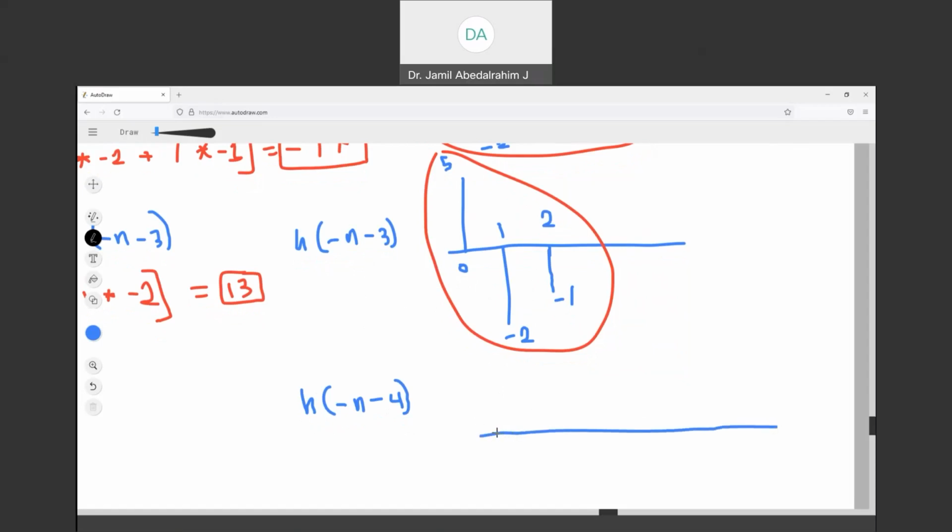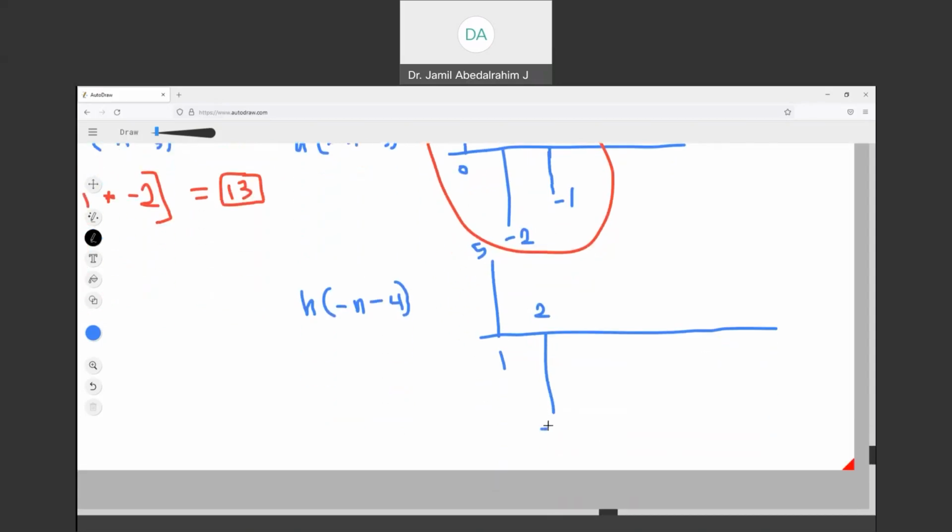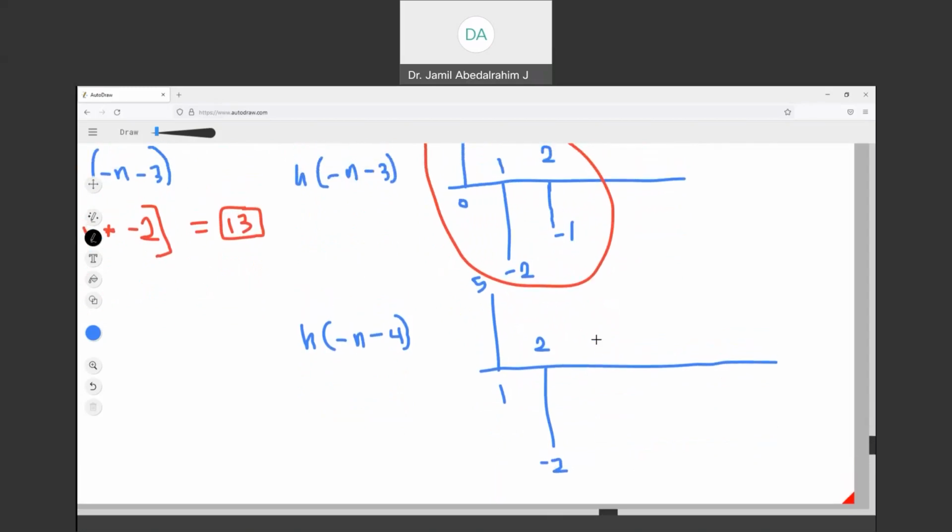So at 0 become at 1. At 1 become at 2. And at 2 become at 3.